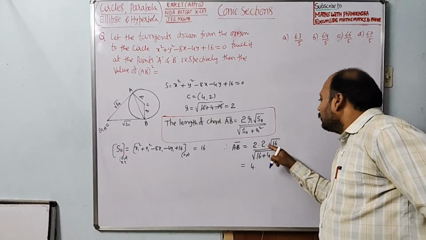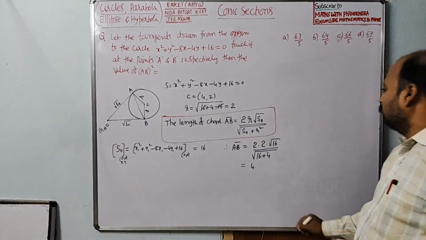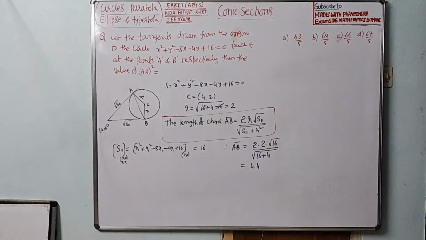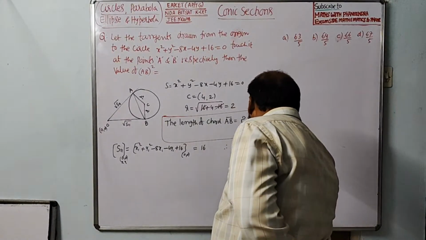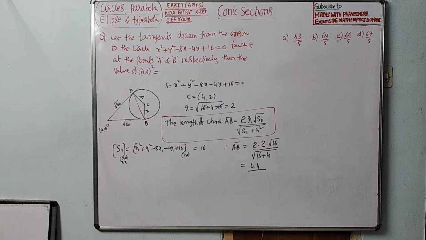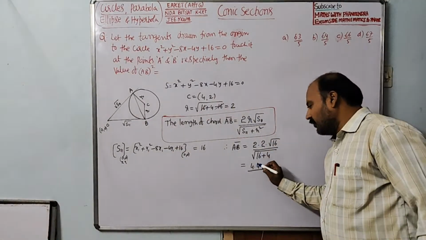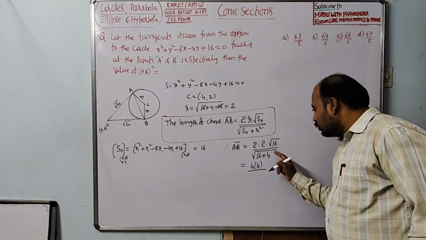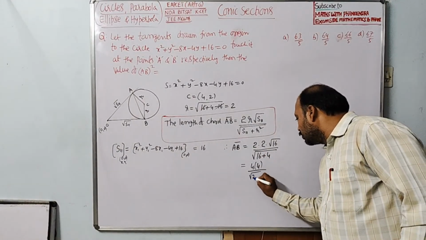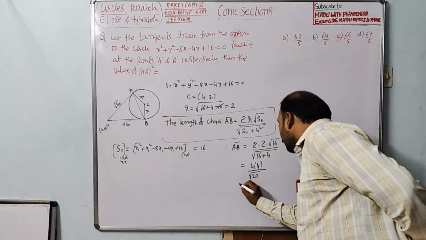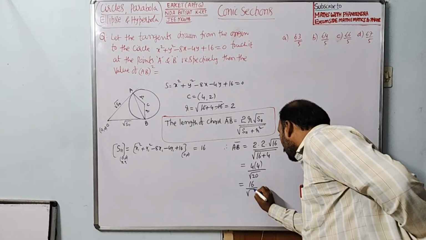So 4 into root 16, divided by root 20. That is 4 into root 4 divided by root 20, which is equal to 16 divided by root 20.